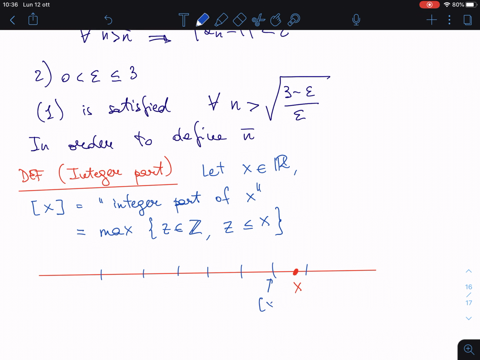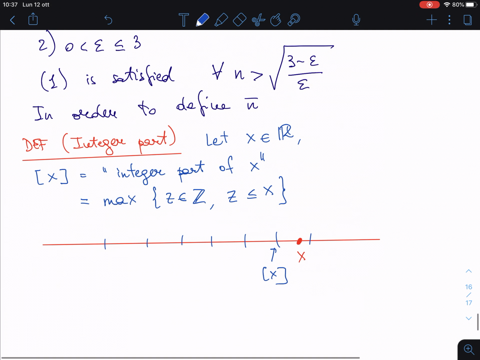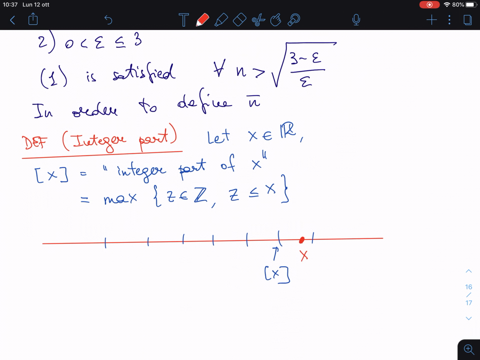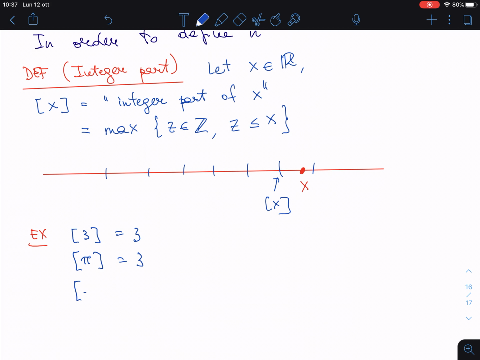So this is the integer part of x. Okay? And I recall you the example we did. Namely, the integer part of 3 and of every integer is the integer itself. The integer part of pi is 3. Remember that the integer part of minus pi is minus 4. Follow the definition if you don't agree with that.